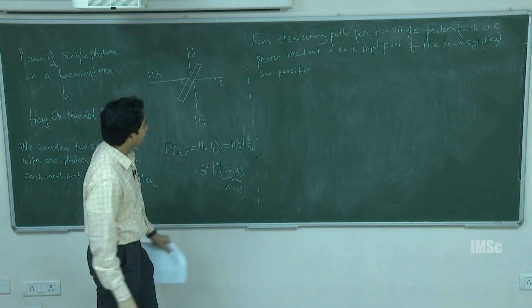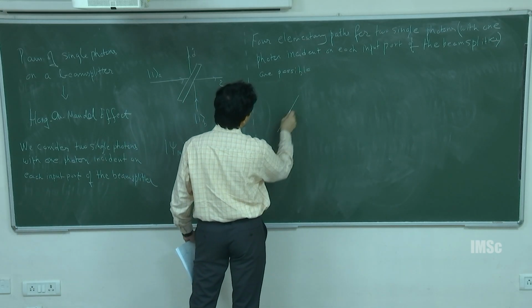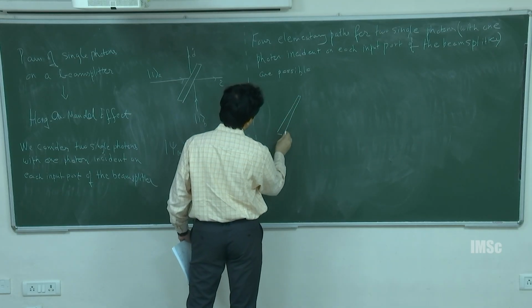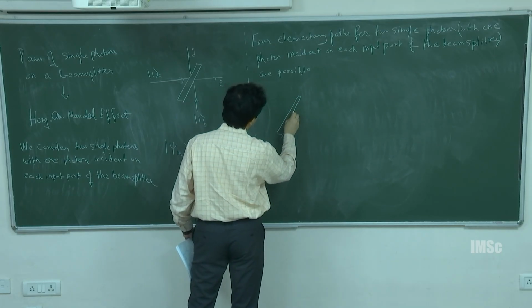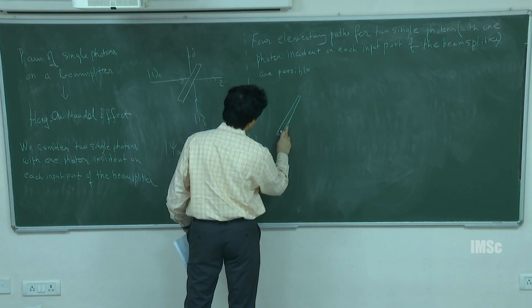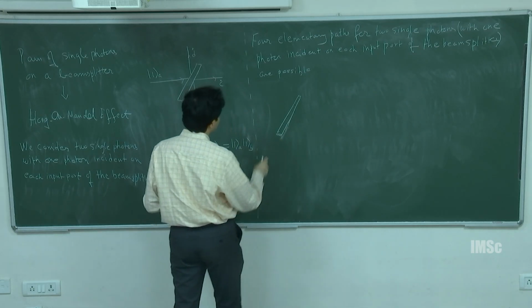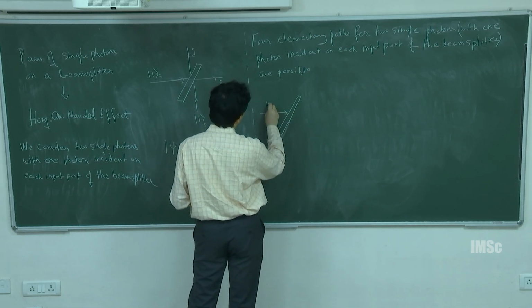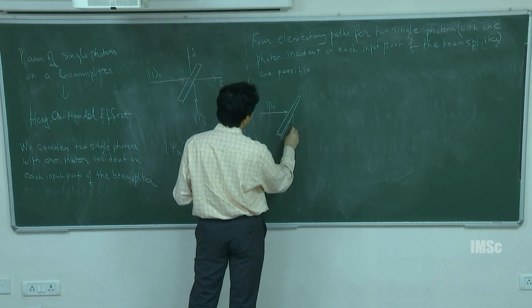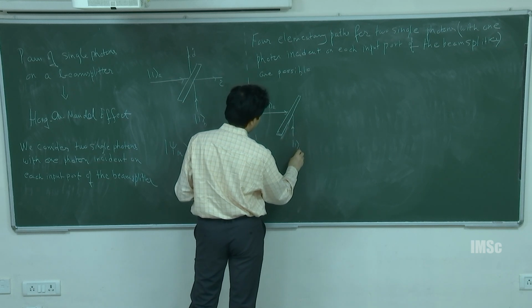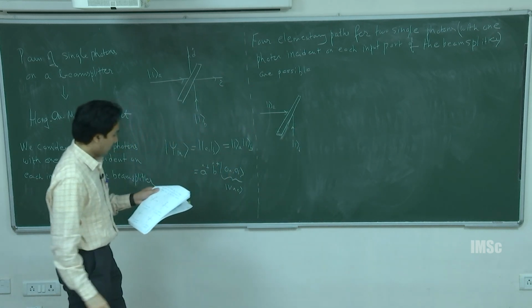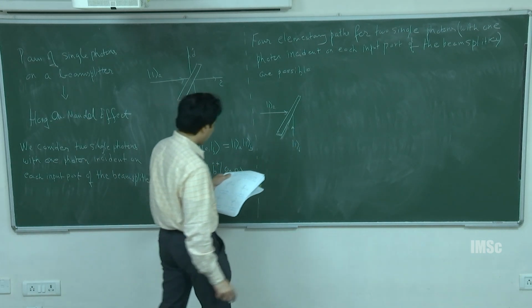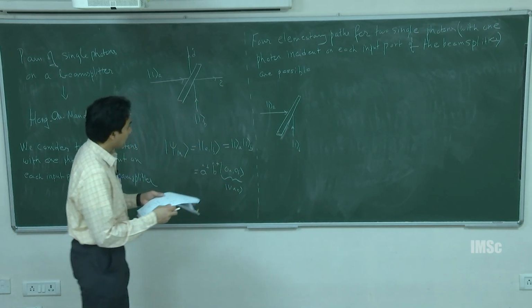And what are they? We have one A, one B. So what are the two possible paths?